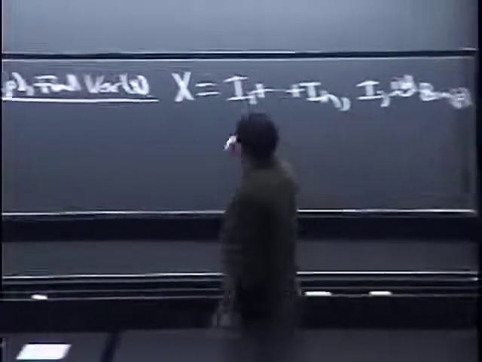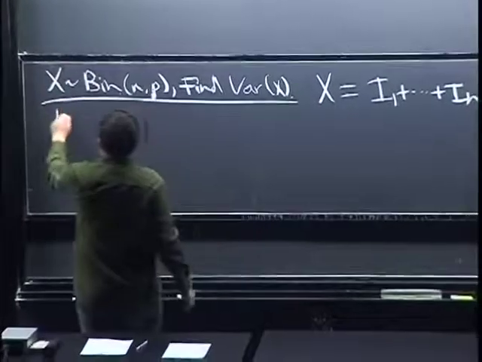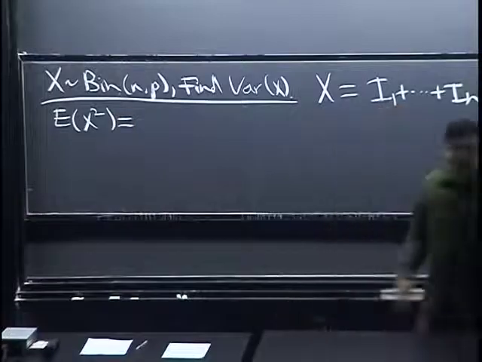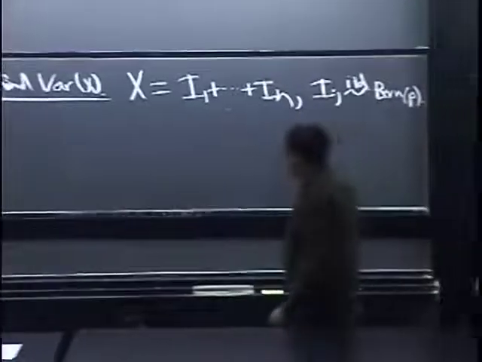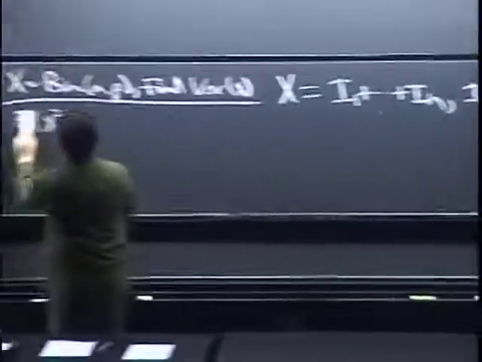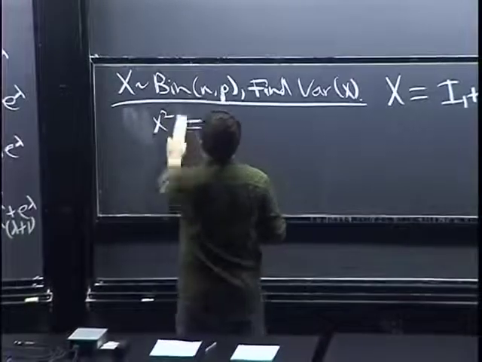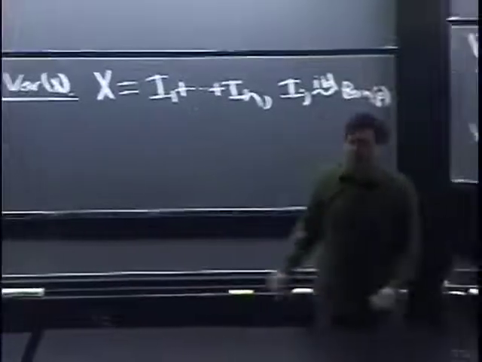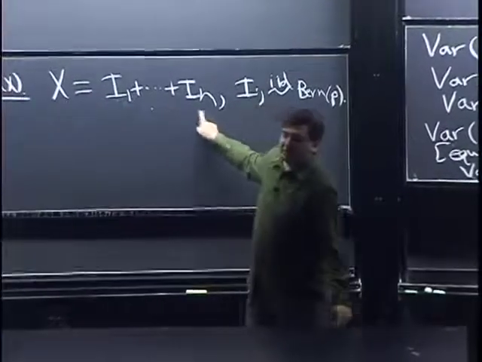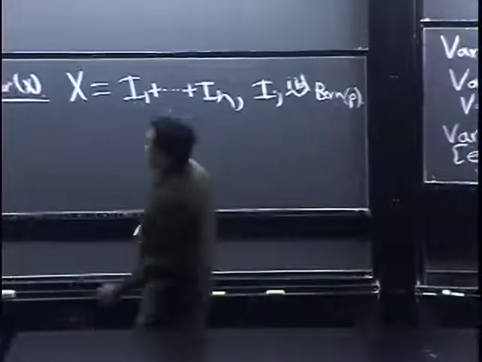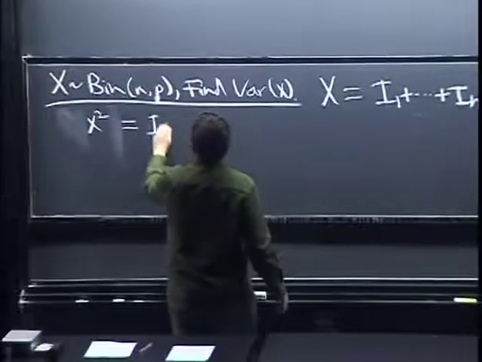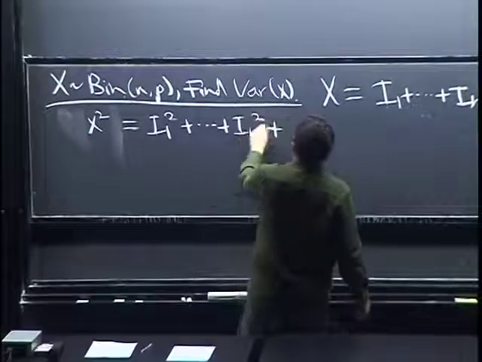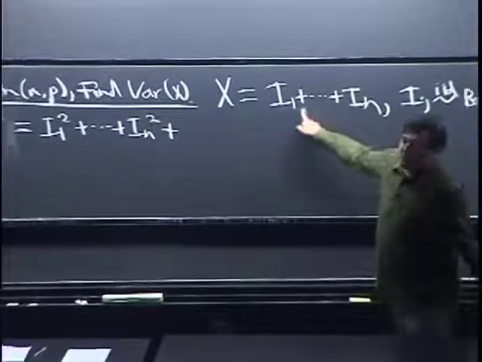Now if we want the expected value of X squared, let's just square this thing. Let's not take the expected value yet; we'll square it first. So it's I1 squared plus and so on plus IN squared, plus, as you know, a lot of cross terms.